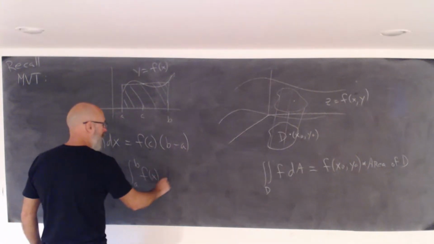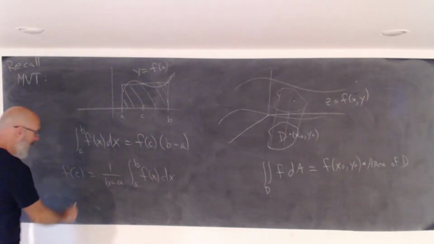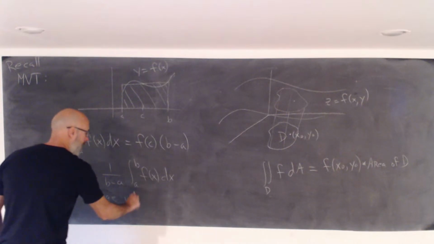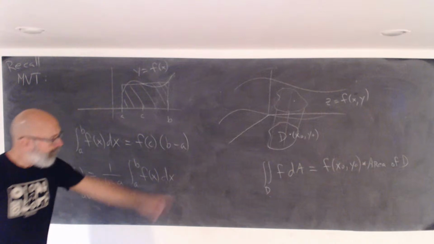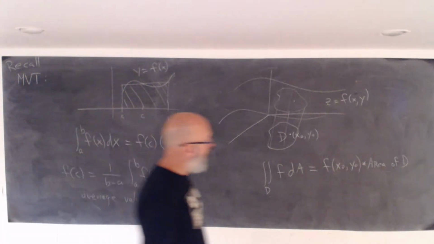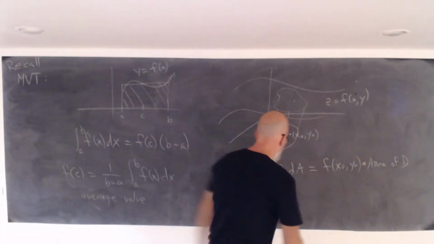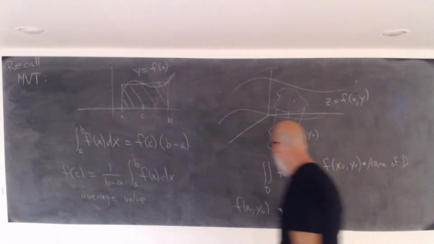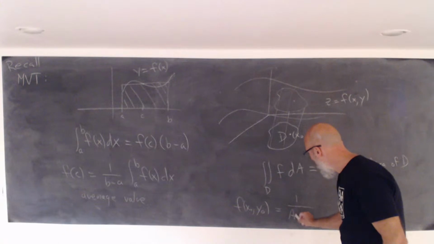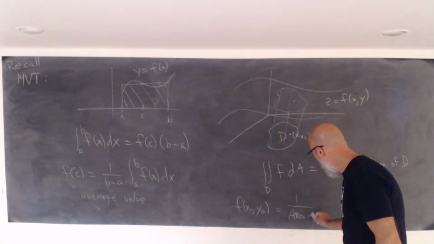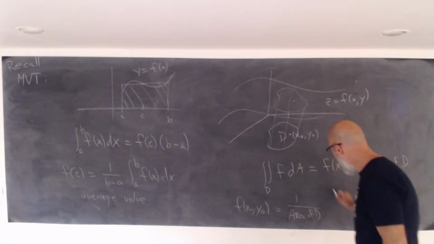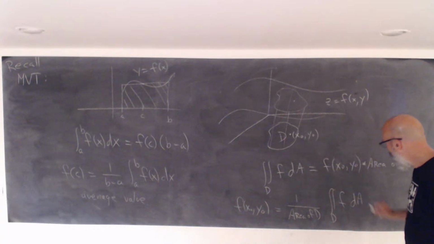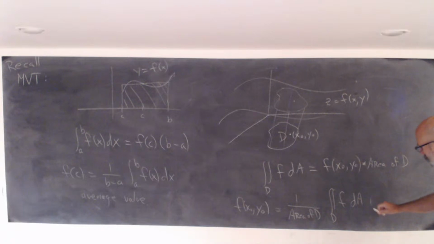We had defined this to be the average value, and we can do exactly the same here. This f of x naught, y naught, which is 1 over the area of D times the integral, is known as the average value.